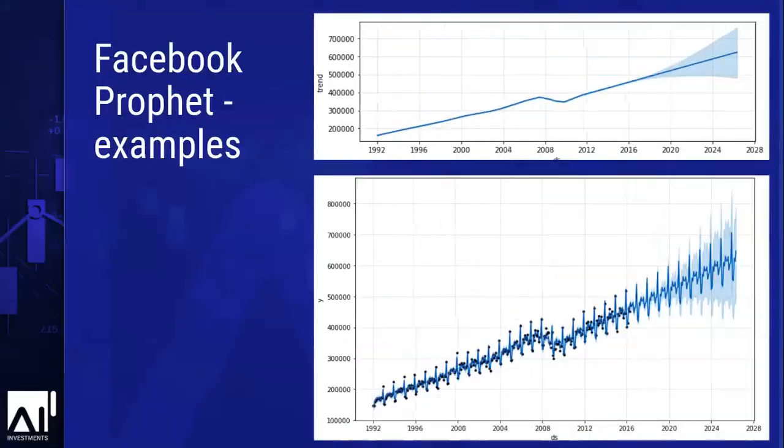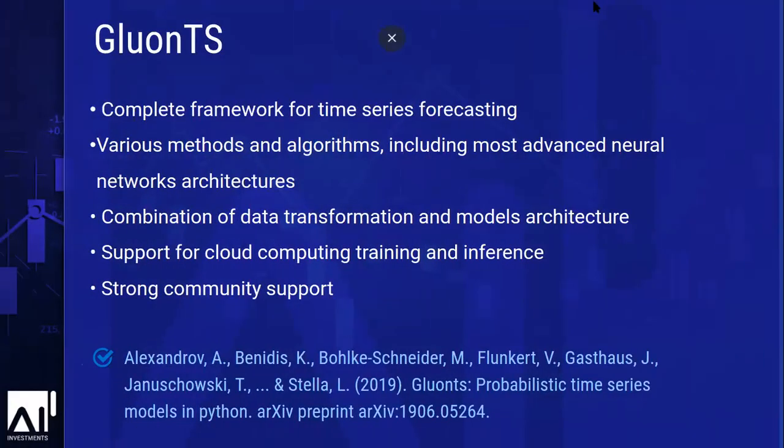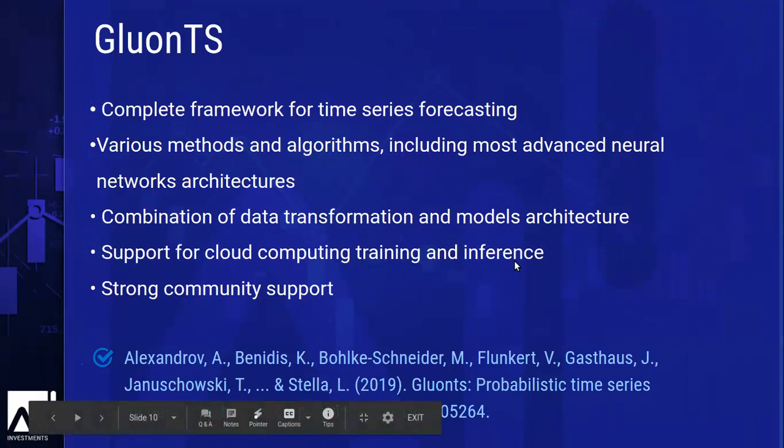The next method is Gluon. Sorry for that, but just move that way. GluonTS is a library by Google, described in that paper here. This is a complete framework, probably the most used one, for time series forecasting.